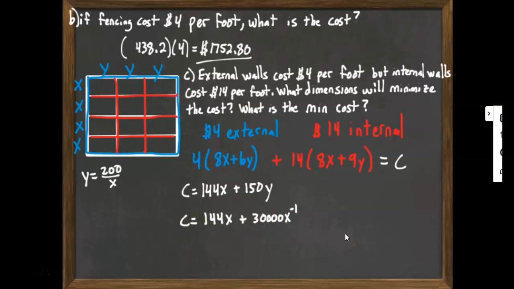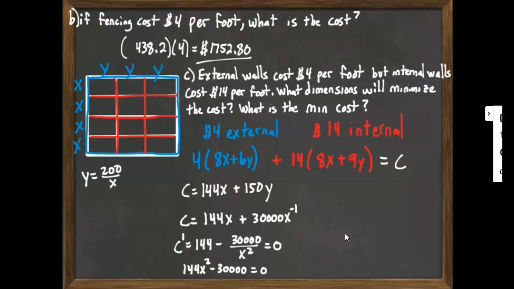The process now pretty much mirrors the last problem. We do our derivative. We want to know when our derivative is 0. To solve that, we multiply both sides by x squared and get 144x squared minus 30,000 equals 0. And we solve for x.